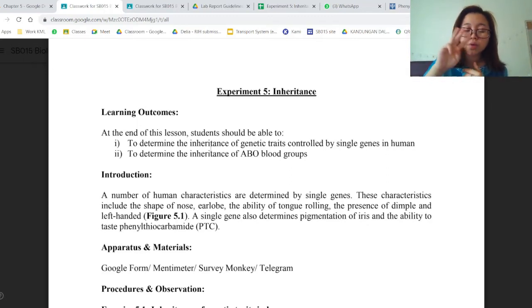And third of all, we will look at the observed phenotype and genotype frequency. Expected means kita jangka frekuensi dia begini. Tapi sebenarnya bila kita analisa populasi kita, apa frekuensi sebenarnya? So we will look at that when we analyze your data.